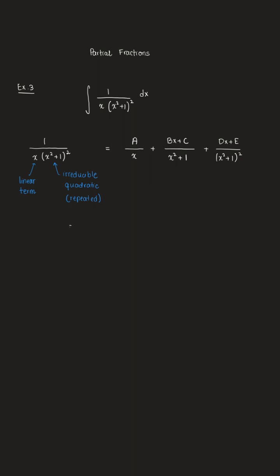So on the right side, a will have to get multiplied by (x squared plus 1) squared because it doesn't have any of that term in its denominator. bx plus c will need to be multiplied by 1 factor of x squared plus 1 because it's missing 1 to get the whole denominator, and times x also. And then dx plus e will need to get multiplied by just x.